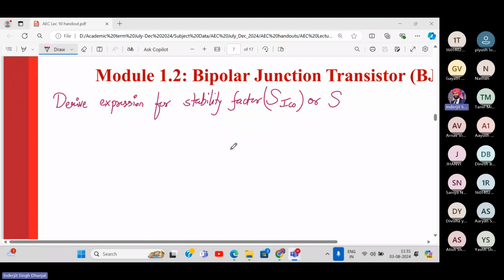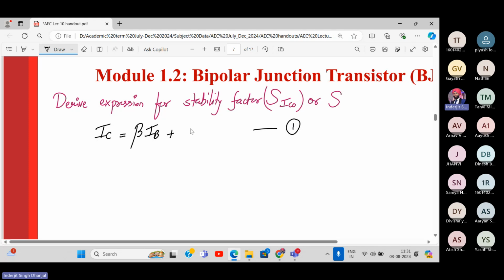Derivation for expression of stability factor. Do you remember what was the collector current expression given yesterday? We have written IC is beta IB. There was one more term over here. Can anyone tell me? We'll call this expression number one. IC was beta IB. Yesterday we introduced the leakage current.